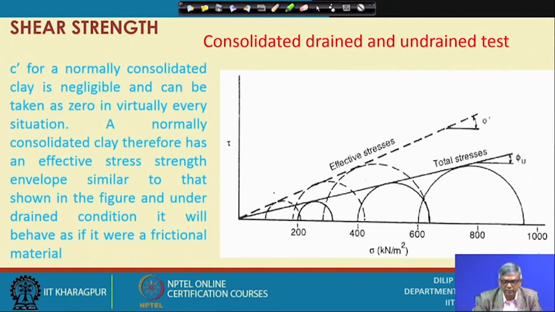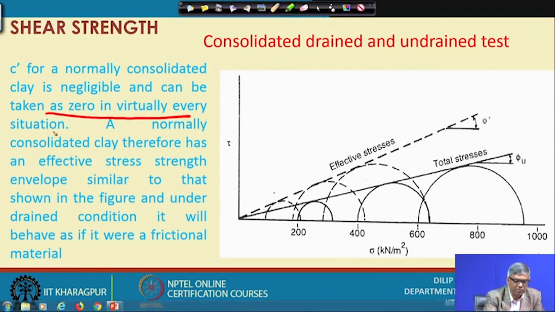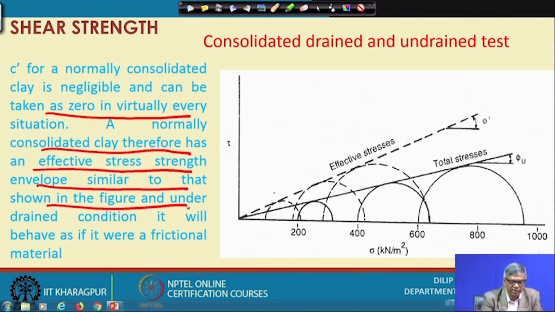Now, this is a consolidated drained or undrained test. As I have mentioned, C dash for a normally consolidated clay is negligible and can be taken as 0. So a normally consolidated clay has an effective stress strength envelope similar to that shown in the figure in undrained condition, and it will behave as if it was a frictional material.